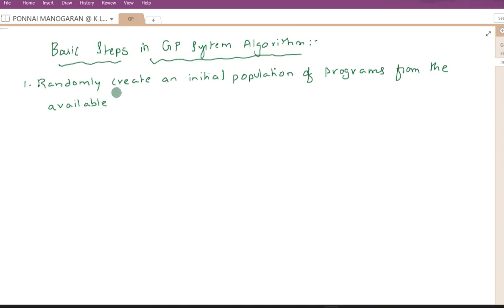So you need to define the primitives first for your application problem, and then with the help of the primitive set we have to generate a population of programs. So we will take one example. After that you will understand more clearly. So let me write all the steps.